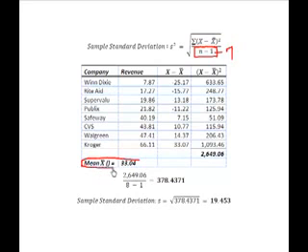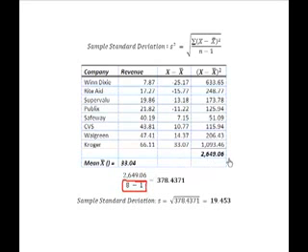The mean of a sample and the mean of the population are calculated exactly the same: the sum of the values of x divided by the number of observations in the sample. My x's haven't changed. My x minus x bar hasn't changed. My x minus x bar squared hasn't changed.